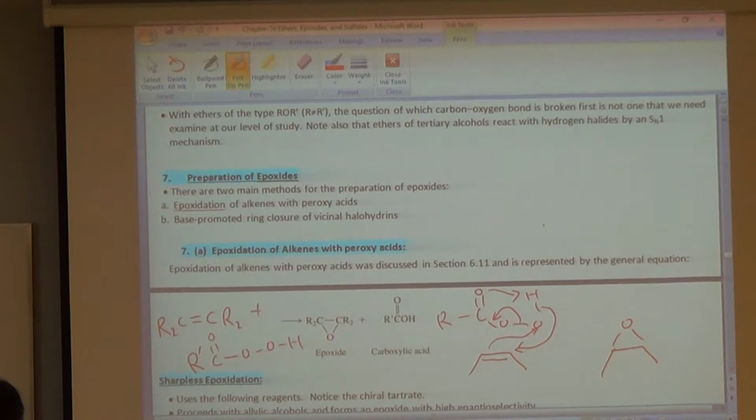And then the other part of the peroxide acid, so we have that C. And that O becomes OH, and the other O becomes double bond O. So that's our acid.